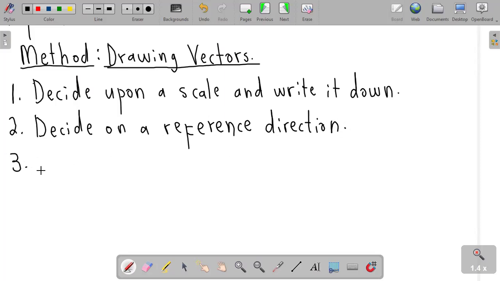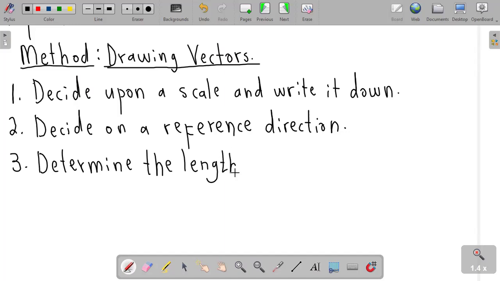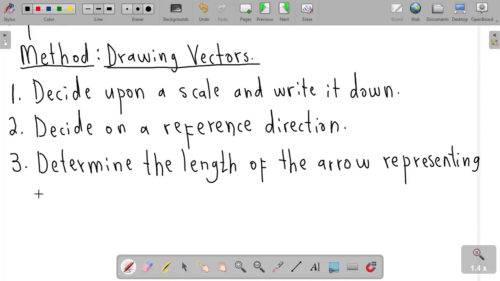And then the third thing that we must do, we must determine the length of the arrow representing the vector.